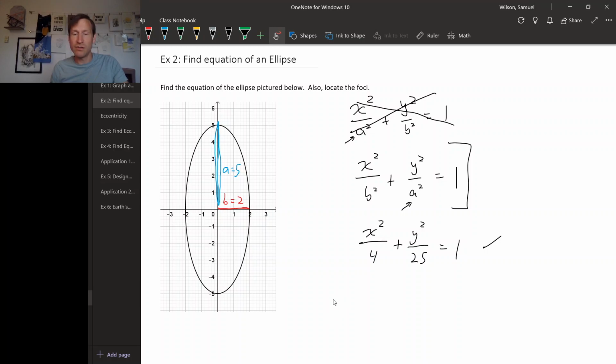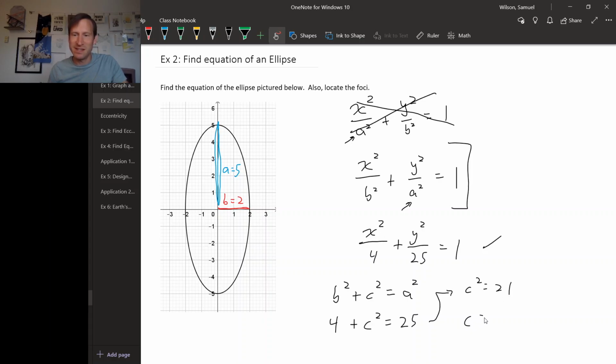To locate the foci for the ellipse, remember we just need to find the focal radius c, and we have this relationship b squared plus c squared equals a squared. But b is 2, b squared is 4, plus c squared equals, a is 5, so a squared is 25. And that means c squared is 21.